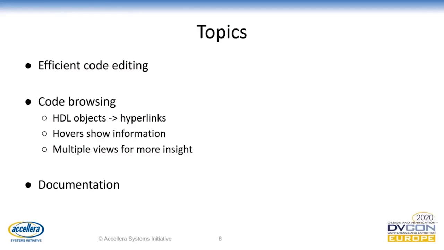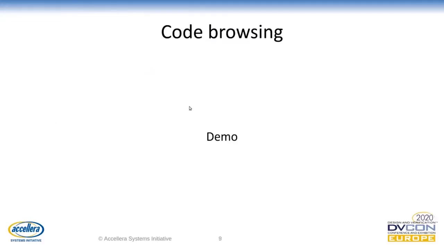And then there are in Sigasi Studio multiple views available that give you more insight into the code. We have seen the problems view, but there is a lot more than that. So we'll return to Sigasi now, and we'll continue the demo there.